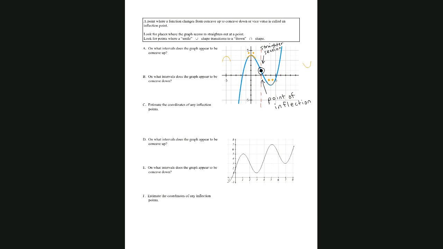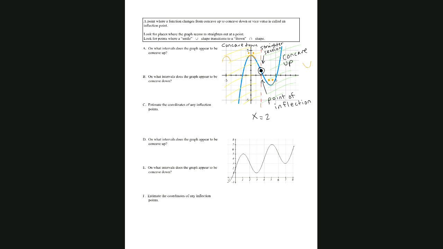On the left is going to be a region where our curve is concave down. And on the right is going to be a section where our curve is concave up. So the point x equals 2 is where it makes that change.